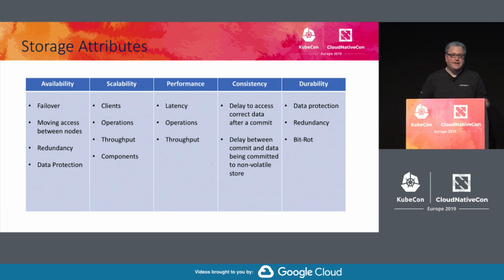Scalability is another one of those topics which can be measured on a number of different axes. In some cases, it might be important to have a storage system that can be accessed by hundreds or thousands of clients. In other cases, it might be about the capacity of the storage system, or the throughput, or the number of operations that the storage system can handle.